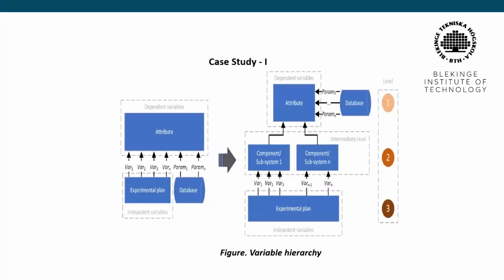Coming to case study one, simulation-driven data exploration studies are generally classified as two-level hierarchies, with independent variables at the bottom level and dependent variables at the top level. However, these independent variables might not be associated with the design attributes.